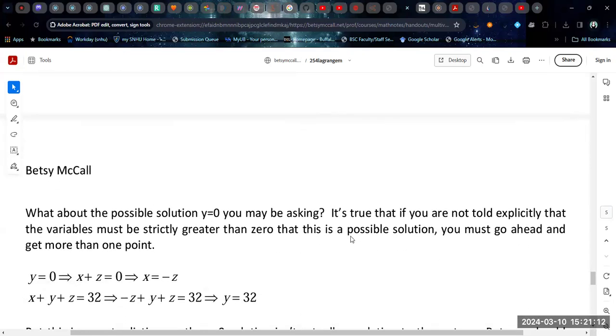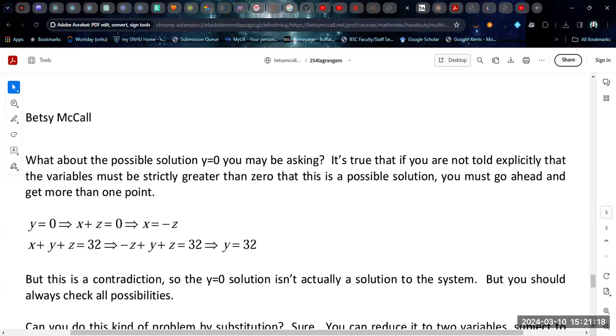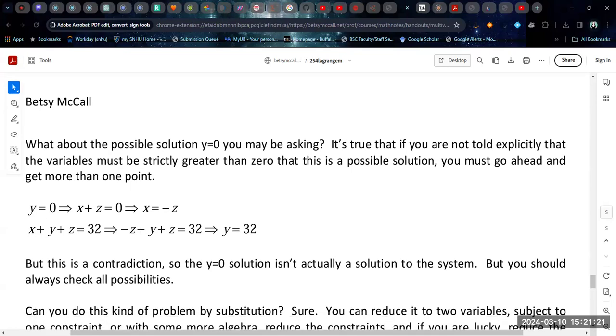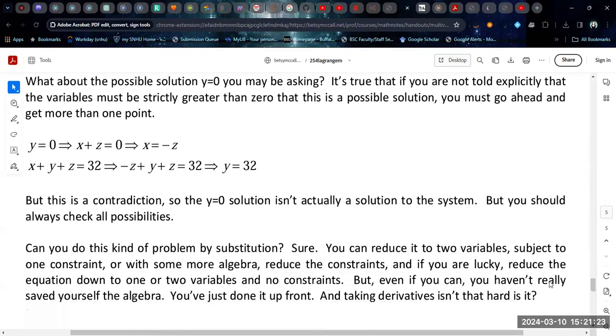Well, what about y equals 0? Well, if you are not told explicitly that these variables must be greater than 0, that is a possible solution, and you need to go ahead and get more than 1 point. So we could plug in y equals 0.